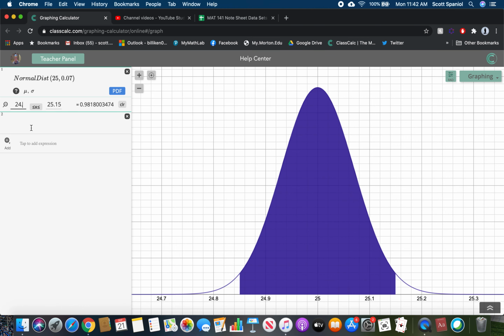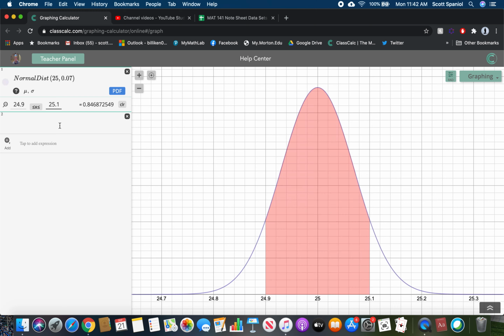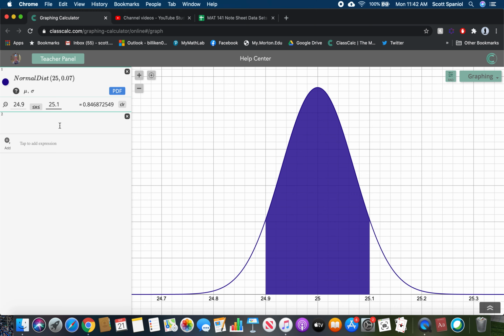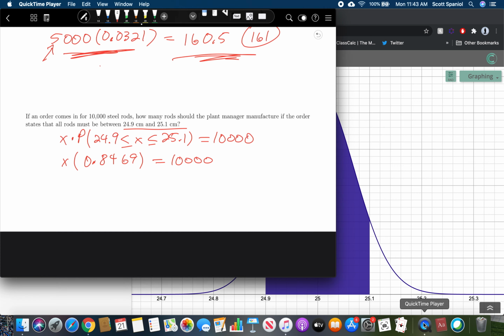What is the probability of being between 24.9 and 25.1? That probability is 0.8469. Okay, and now we're just solving an algebra problem. So divide by 0.8469.